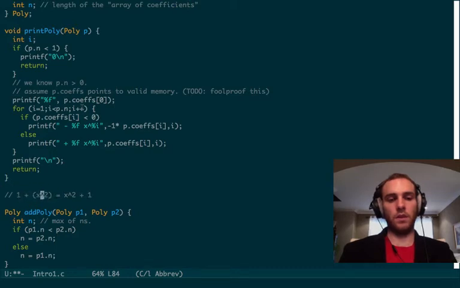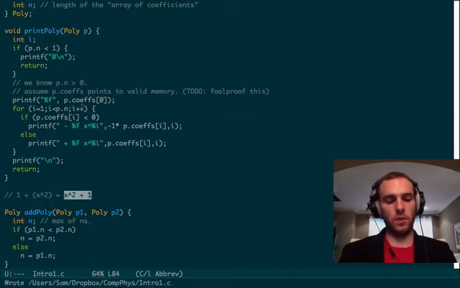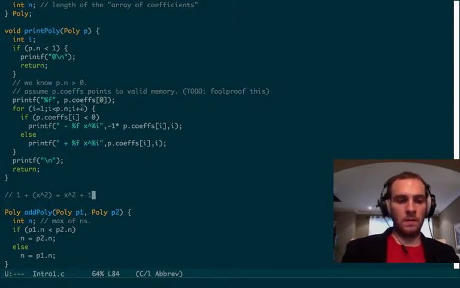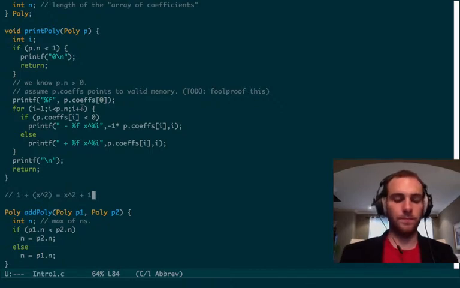And a polynomial of length 3, the sum is going to be of length 3.